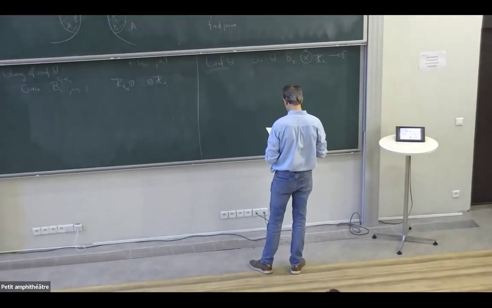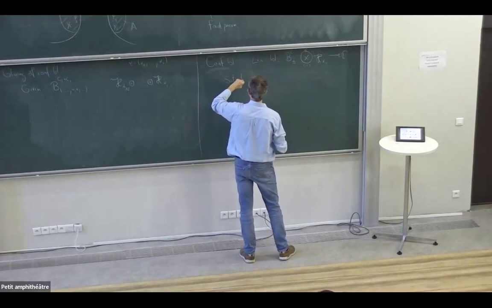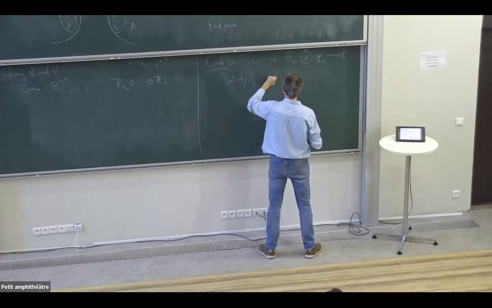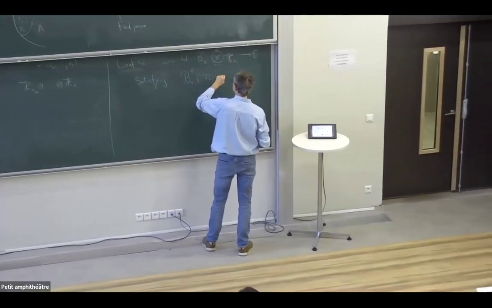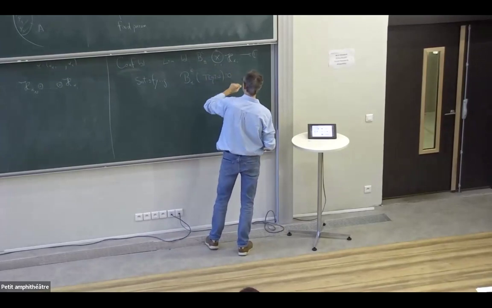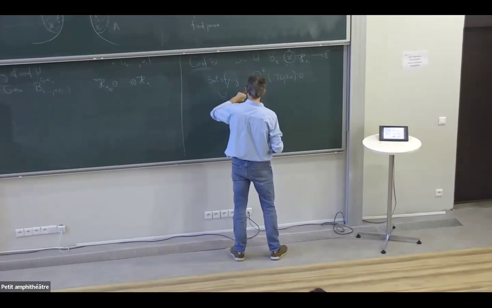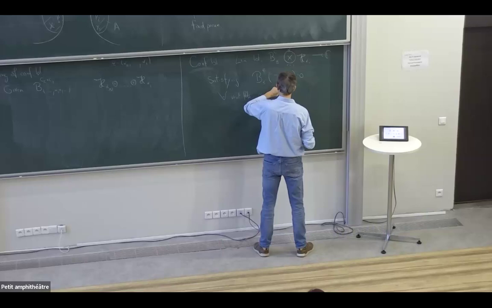And these are linear maps satisfying the invariance condition: alpha T of eta W equals 0 for all vector fields eta on C.